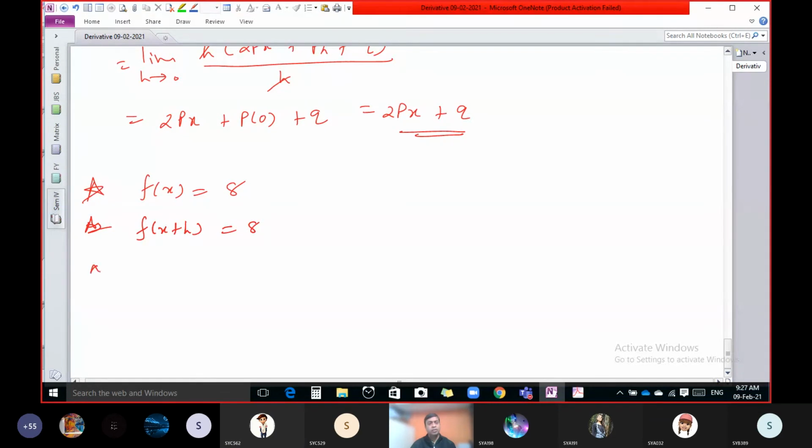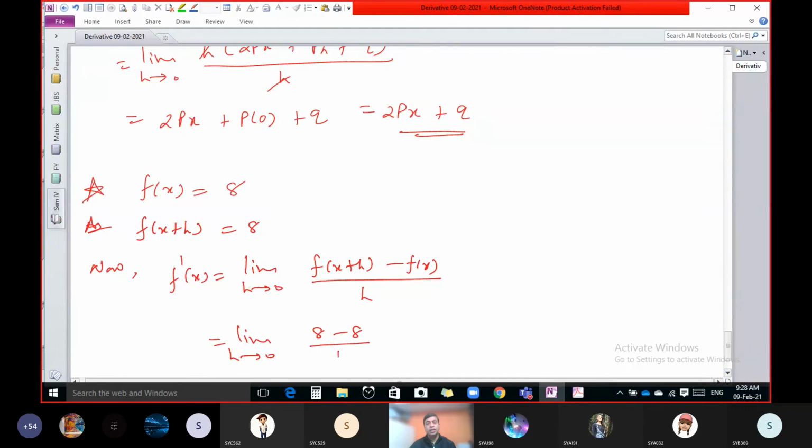And now the formula: f dash x equal to limit h tends to 0 f of x plus h minus f of x upon h. And if we substitute values, here 8 minus 8, that is 0, and 0 by any constant number is 0. So we get limit h tends to 0 of 0, and that is nothing but 0.